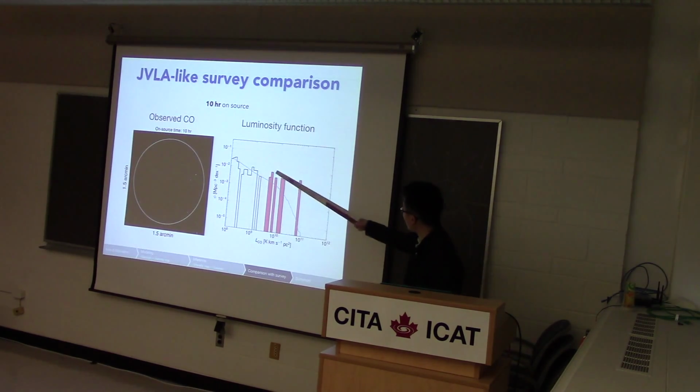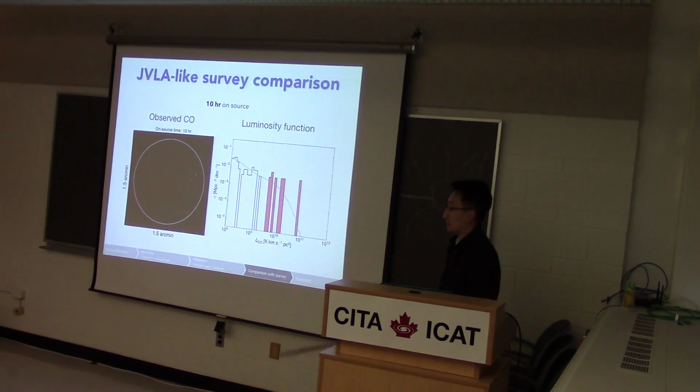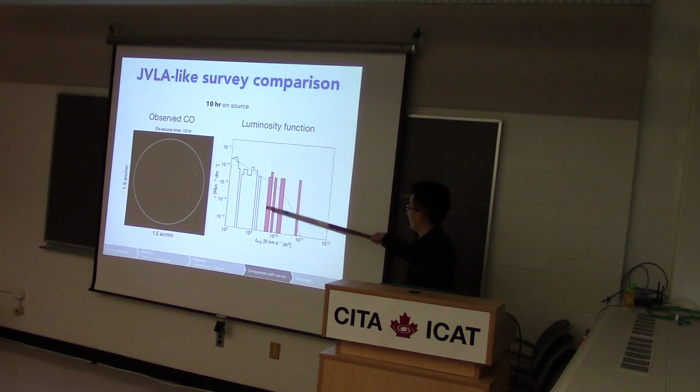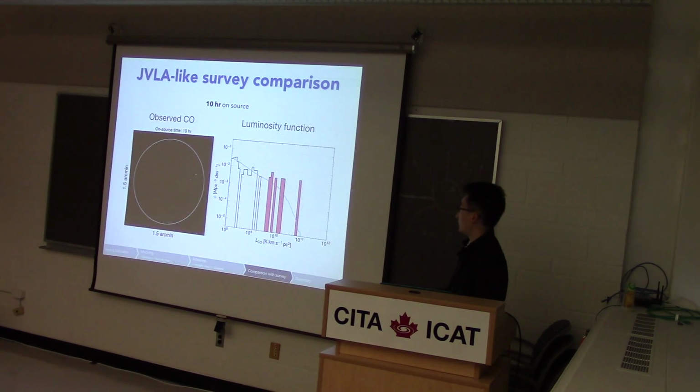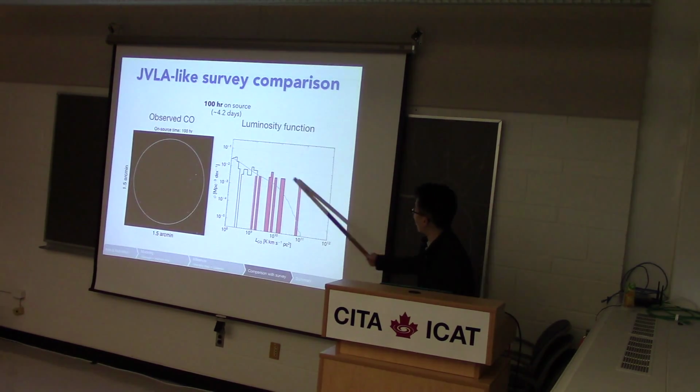So now you're getting down to this part of the luminosity function. In principle, you're getting past the knee, but your sample variance error bars are so large, it's not entirely clear that you'd be able to say that robustly. If you actually go a bit further and you request 100 hours on source, which is 4.2 days straight, if you go day and night, don't worry about the sun or any other observing conditions, you actually get quite a bit further down.